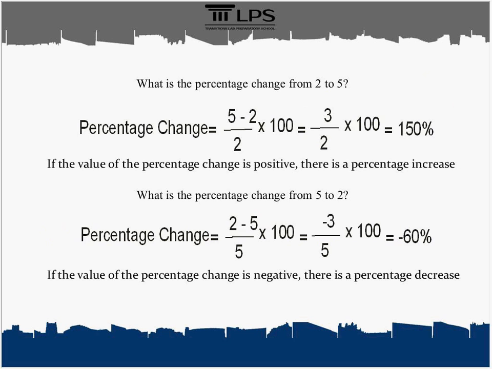What is the change from 2 to 5? The percentage change is final value 5 minus 2 upon 2 into 100. 3 by 2 into 100, which is 150. The answer is on the slide. It's 150.